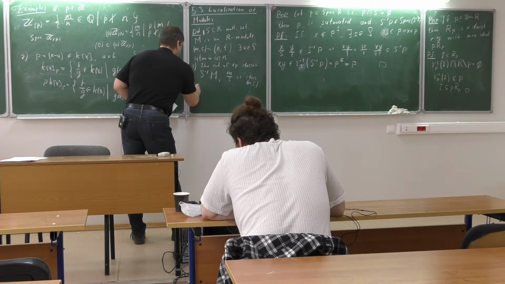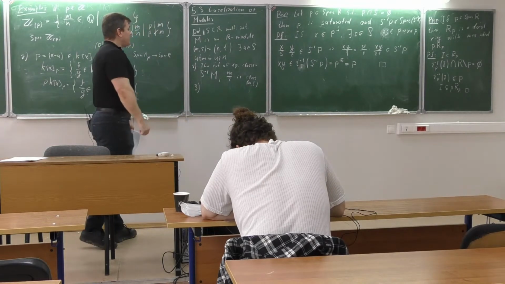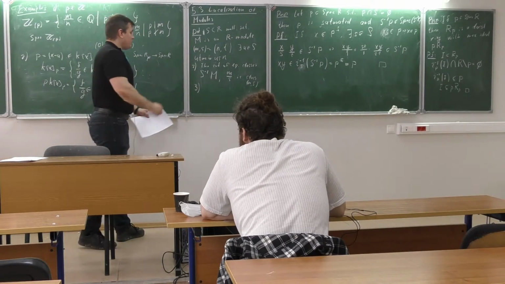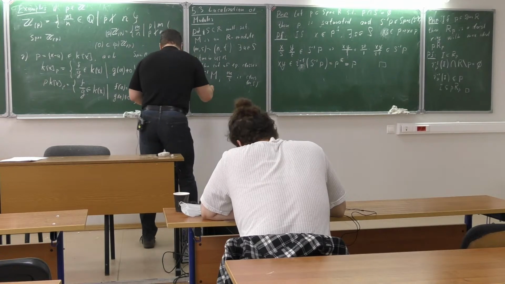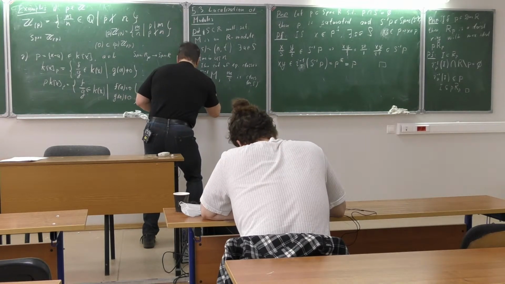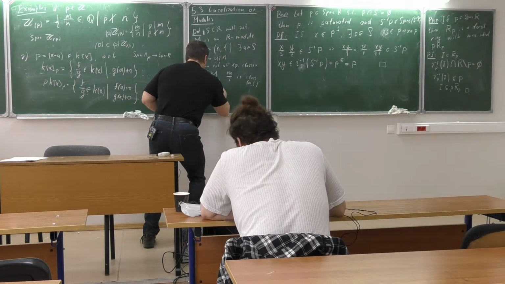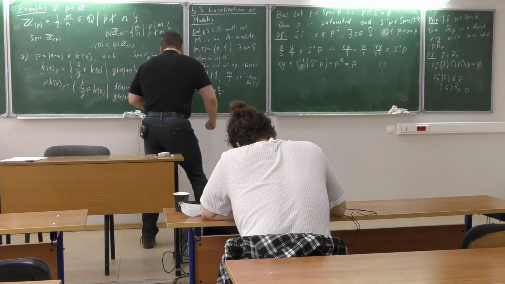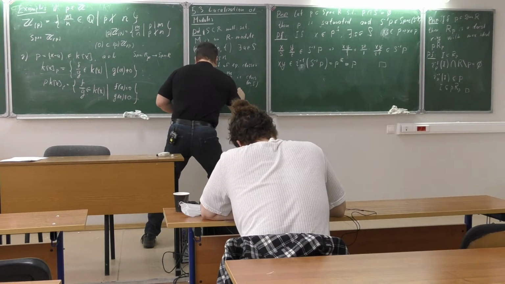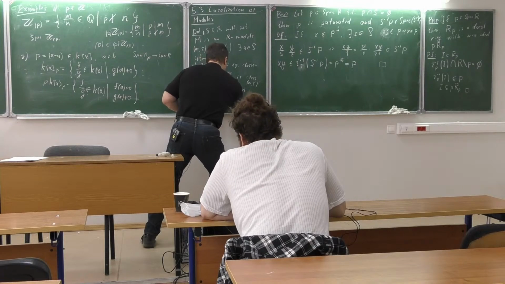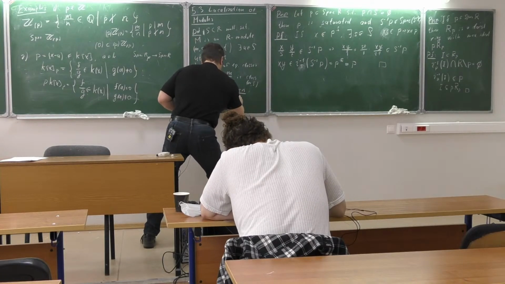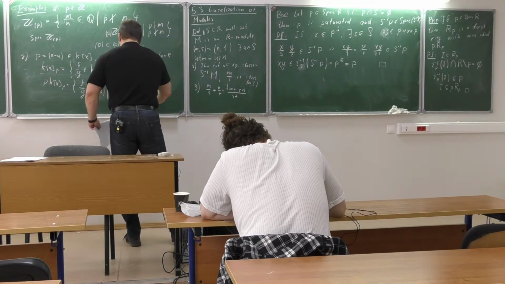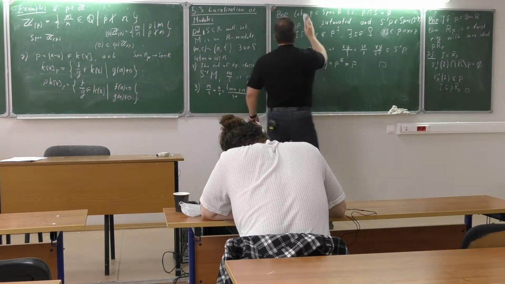Now we can also define operations. The first is addition: if I have one fraction m over s and another fraction n over t, then I can define the sum as (tm plus sn) over st. Again, a little exercise to check that this is well defined.